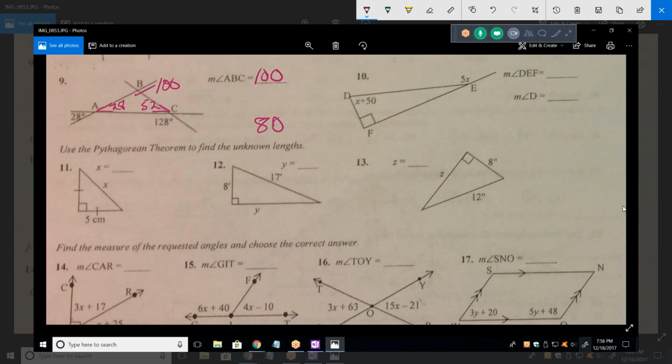Let's call that angle number 1. And tell me what the relationship between angle number 1 and x plus 50 is. I shouldn't really, let me put a letter on that. We'll call it A. Angle A. What is true? You're looking at a right triangle, okay?